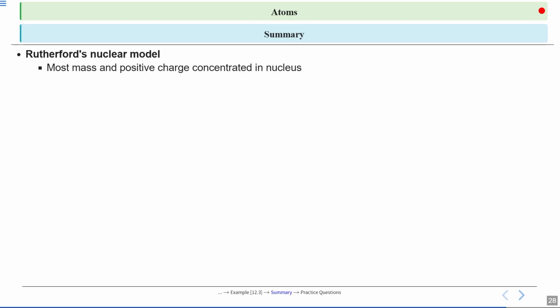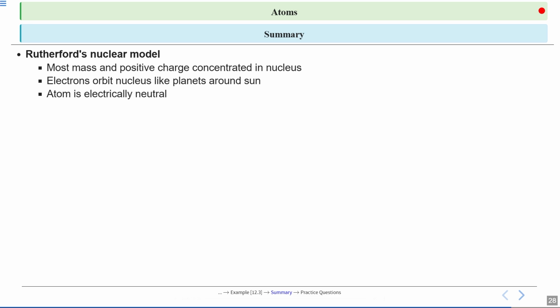According to Rutherford, almost all the mass and all the positive charge of atoms are concentrated in a tiny central region called the nucleus. In Rutherford's model, electrons move around the nucleus in orbit, similar to how planets orbit the sun. Another important point is that the atom as a whole is electrically neutral.